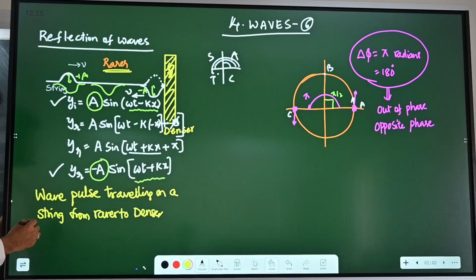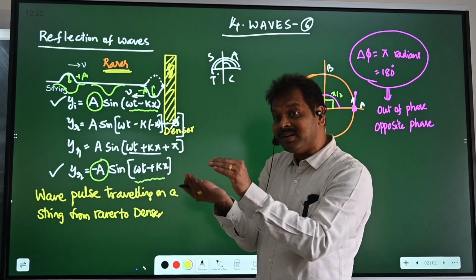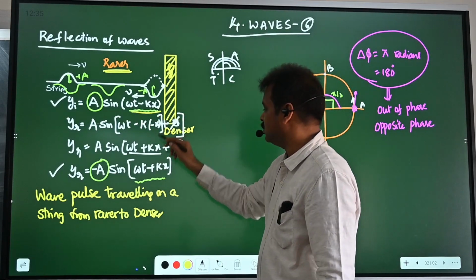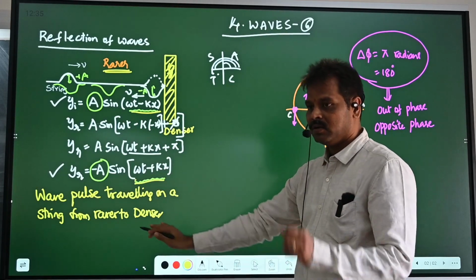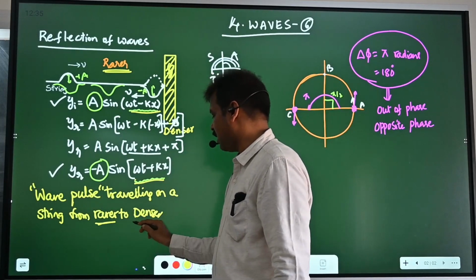Then what are the changes? The amplitude will not change, but its direction changes. And the wave equation, this changes, we know. This is when the wave pulse travels from rarer to denser.